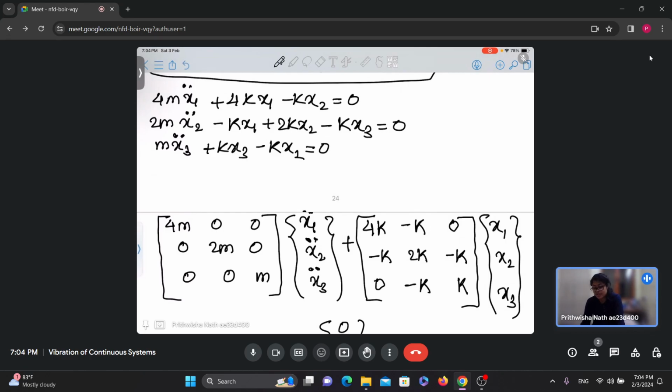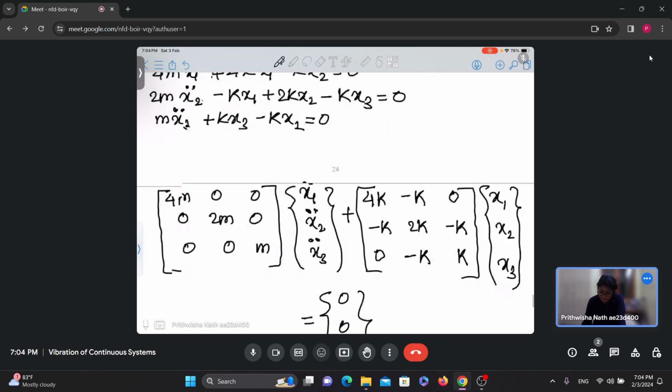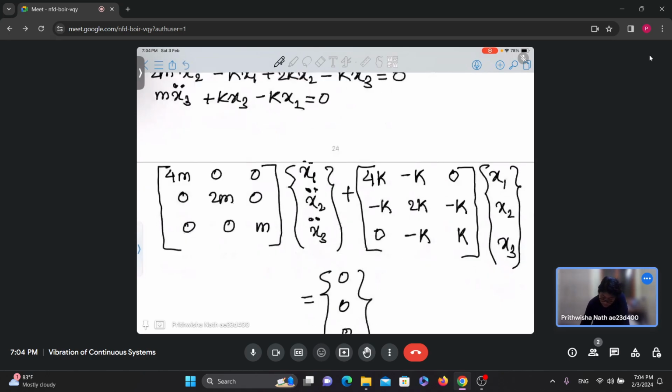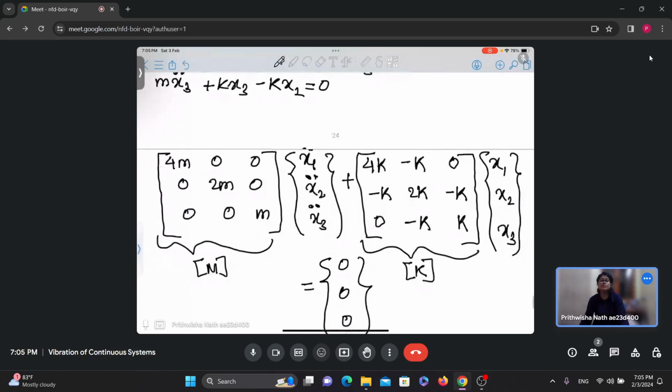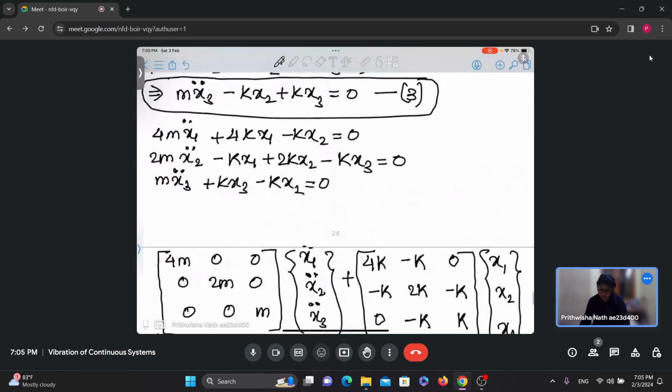And lastly, for the last equation, the coefficient of x1 is 0, x2 is minus k, and x3 is k. So this is my M matrix. This is the K matrix. And as is seen, the right hand side is 0. So I write it like this.